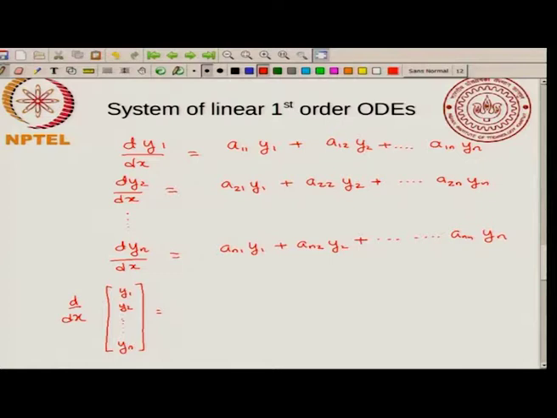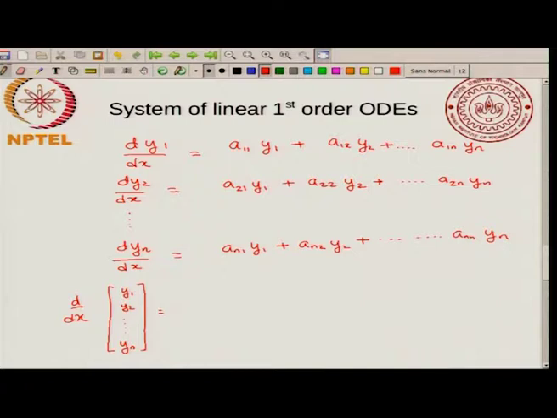That is the same as taking dy1 by dx, dy2 by dx and so on, and I can write this using our matrix methods as the matrix with rows a11, a12, up to a1n, a21, a22, up to a2n, and so on down to an1, an2, up to ann, this times the column vector y1, y2 up to yn.